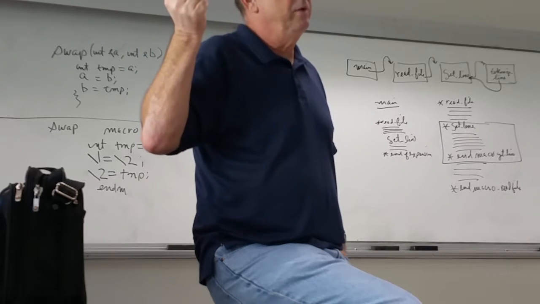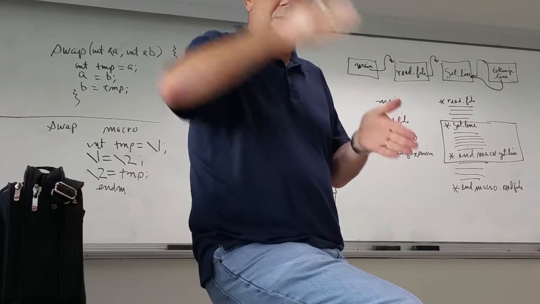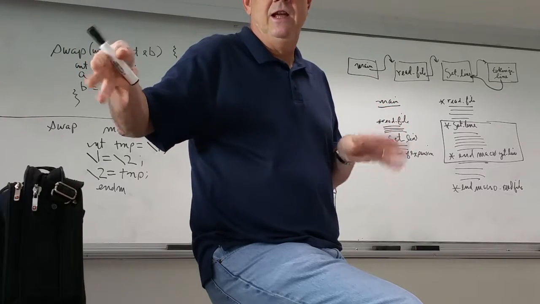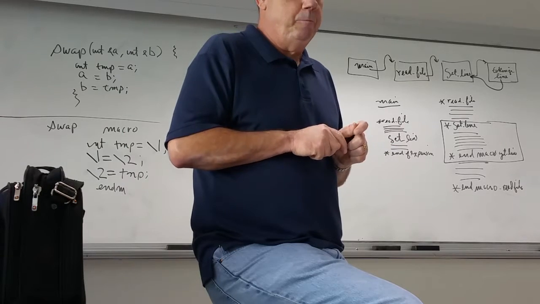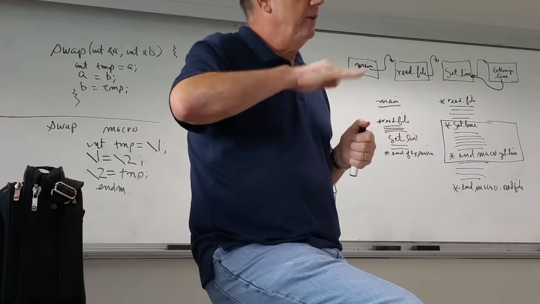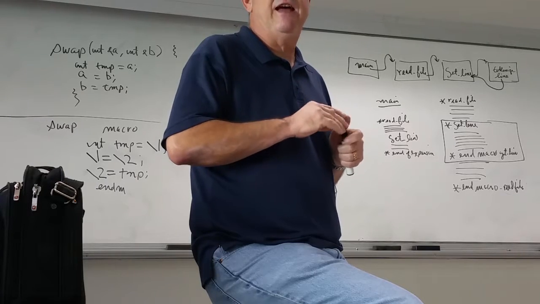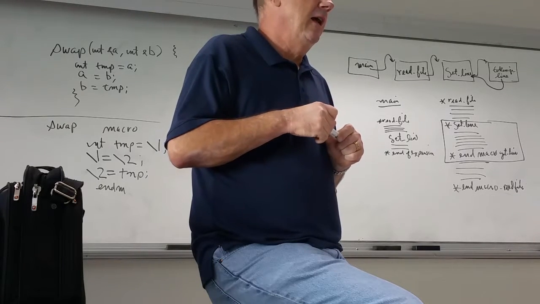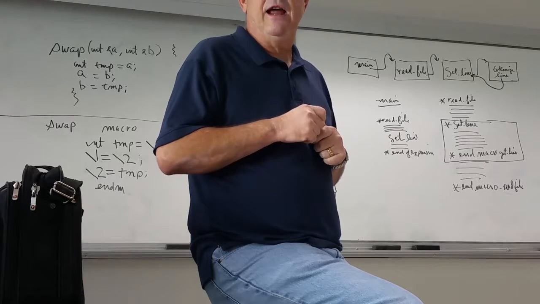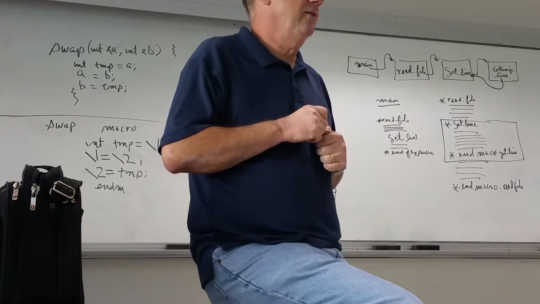You have to save those registers. And to jump from one place to another in memory costs you something because you taint the caches in the CPU. Whereas with macros, you just go down the line one after the other, which is as fast as it can be. Okay? So macros are faster, hands down, period, end of discussion.